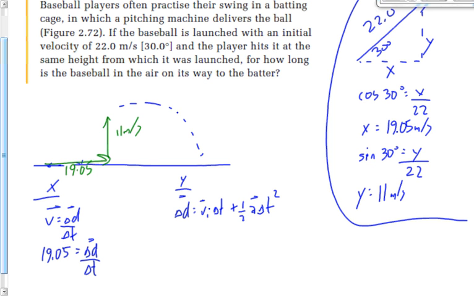Picture this. The ball is thrown from this level over here. It's thrown, it goes up like this as a parabola, comes down like this, and is hit at this level. How does the initial height compare to the final height there? Zach? They're the same.